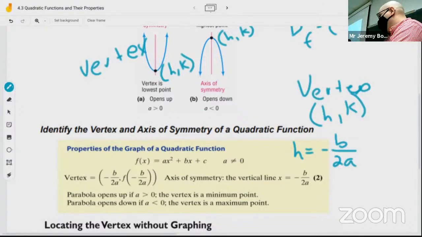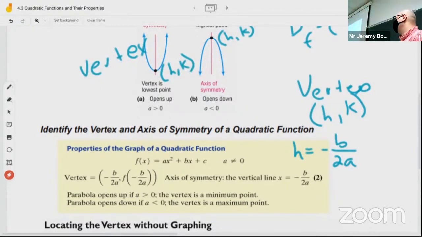You may realize something very similar to the quadratic formula. It's just missing the plus or minus square root of b squared minus 4ac. So it's just that first part, and that's actually a really good way of thinking about that, but I think it's a little too advanced for this class.